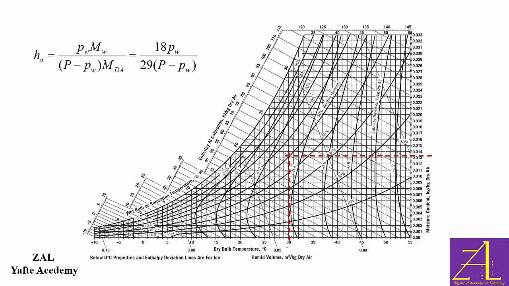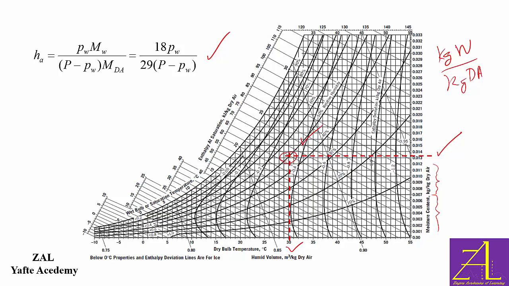So here at 30 degrees Celsius, I can go and pick the relative humidity of 50% and locate a point. If you go across horizontally, I will hit the vertical axis, and the vertical axis is called absolute humidity, where the moisture content is given in mass, kilogram of water per kilogram of dry air. This is absolute humidity, and the equation is here.